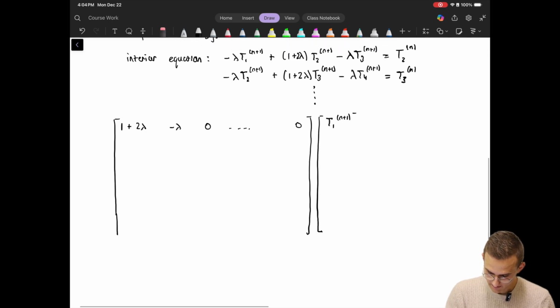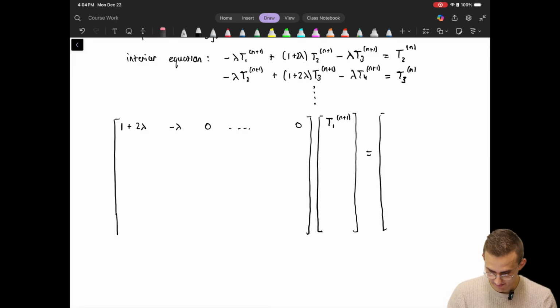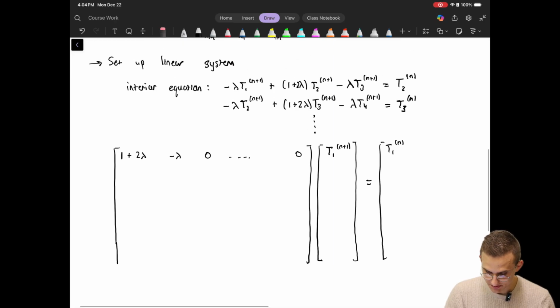And that's going to be equal to, on the other side, t1 at time step n, so that would be the right hand side of the equation, but we also have minus lambda t naught at n plus 1, right?